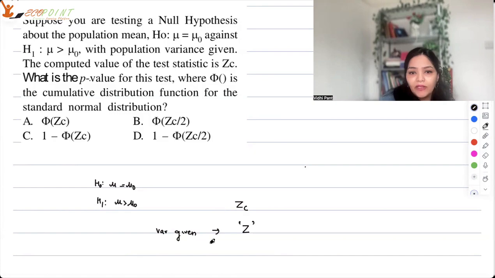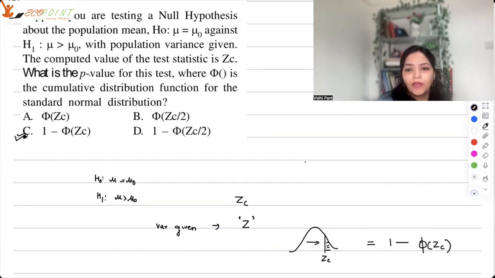The p-value basically is the probability on the right of the statistic, so it should be equal to 1 minus the cumulative distribution till the test statistic. So C should be the correct answer.